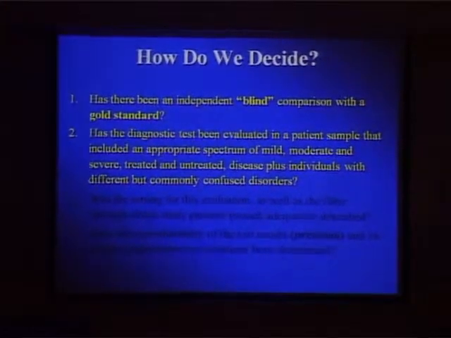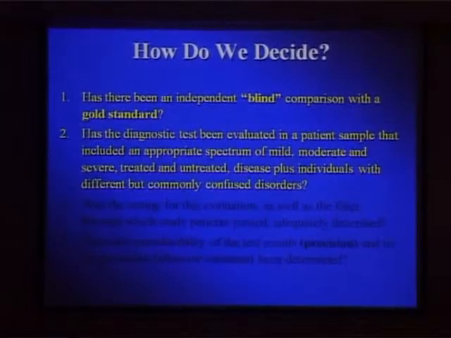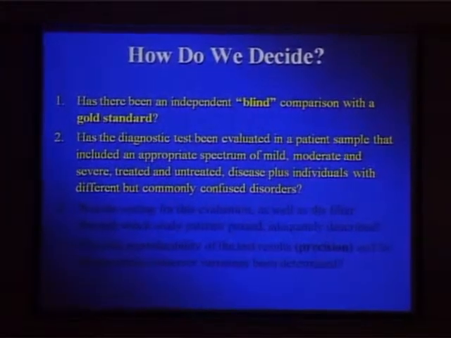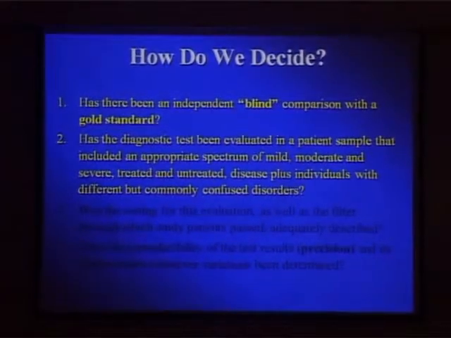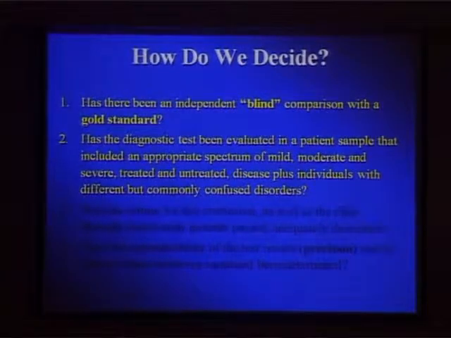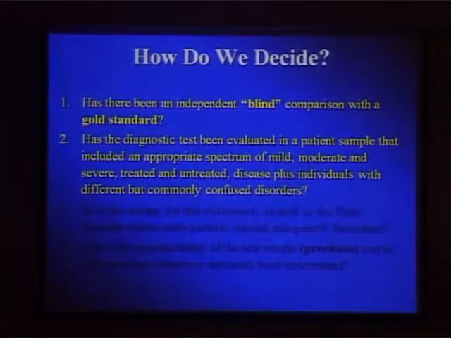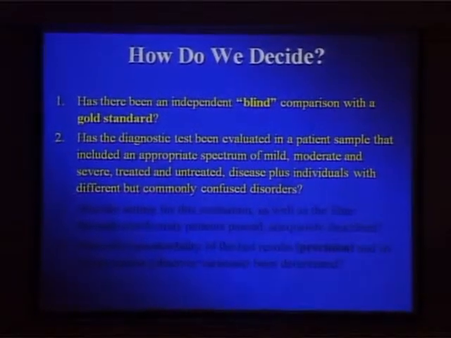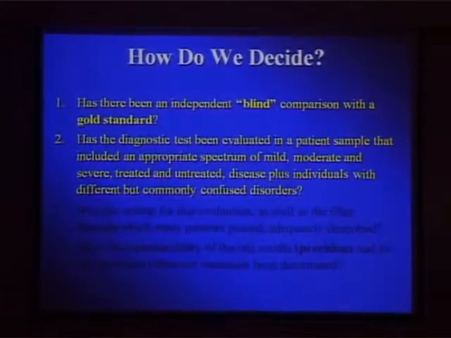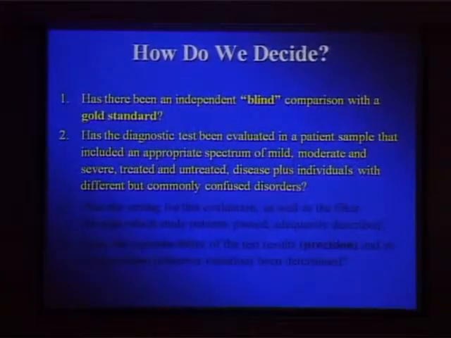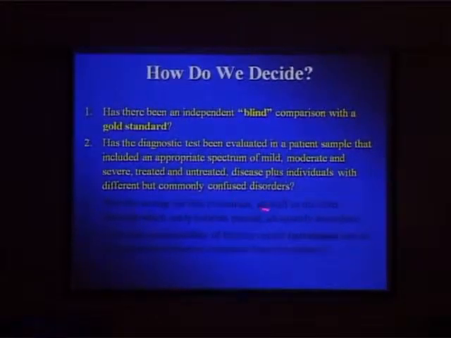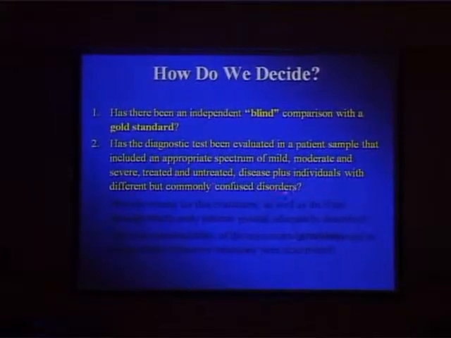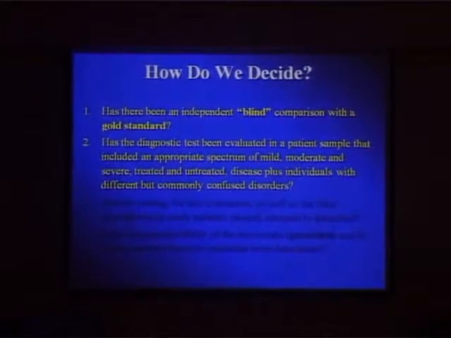In real life, the majority of my glaucoma may be early glaucoma, ocular hypertension, pre-perimetric glaucoma, where the sensitivity of HRT would be very moderate or poor. So if I publish only on advanced glaucoma and say HRT is a very good tool, that may not be the correct thing. So you have to see whether the author has taken an appropriate spectrum.